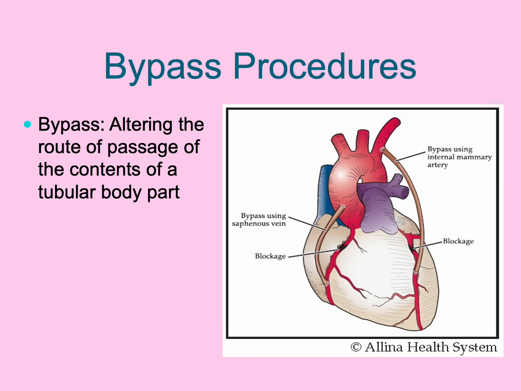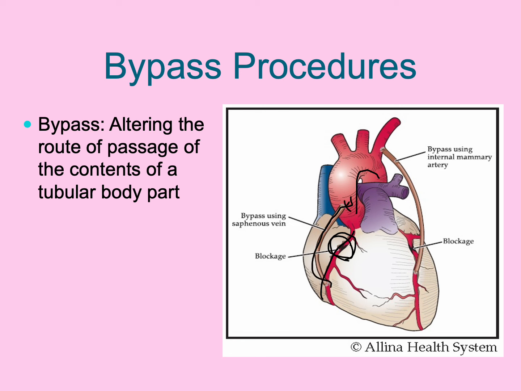First, let's look at what is a bypass. A bypass is defined in PCS as altering the route of passage of the contents of a tubular body part. In this case, the tubular body part is the blood vessels here. So what we're seeing is that the blood vessel is blocked by plaque, or it could be just narrowed.